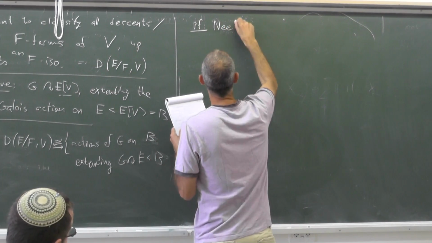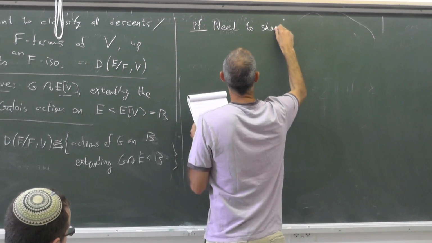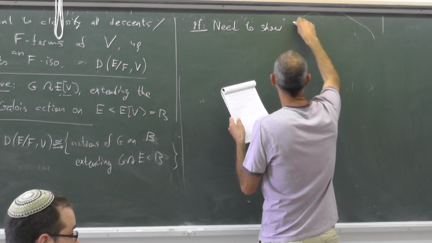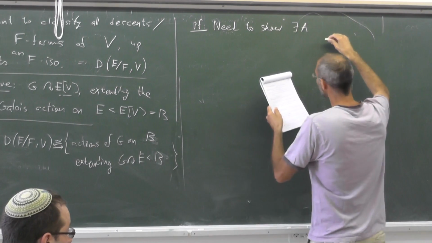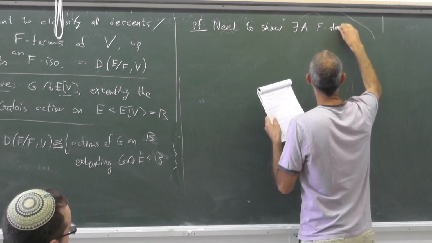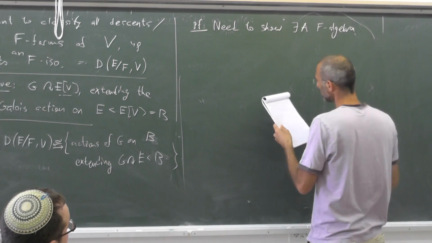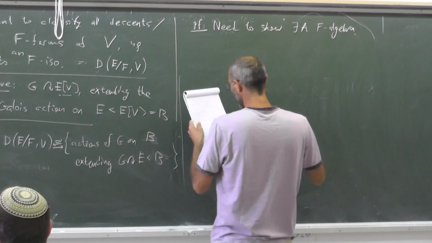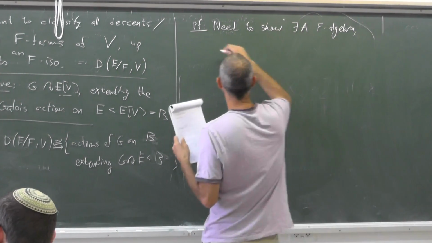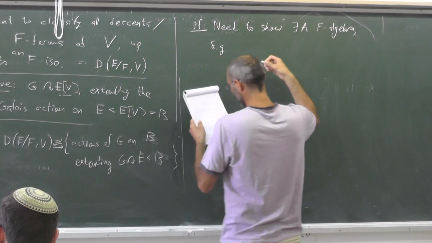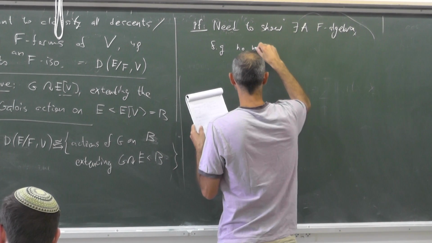I need to show that I can find A, which is an F algebra. This will be F of V, right? Which is finitely generated as an F algebra, non-nilpotent.